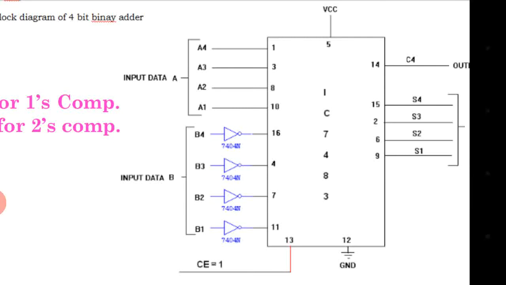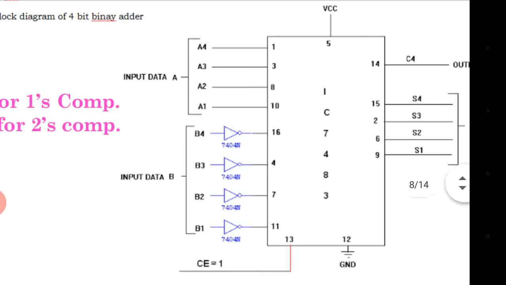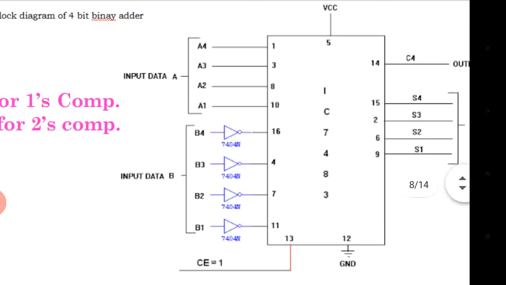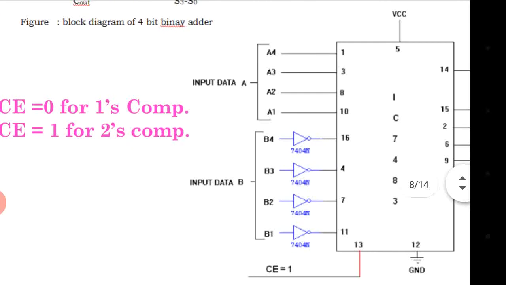The carry in input is connected to the ground for 1's complement method. If we connect carry in to 1, that is VCC, then what will happen? A will be as it is, B after inverting it will be 1's complement of B plus 1, then it will give you 2's complement method.